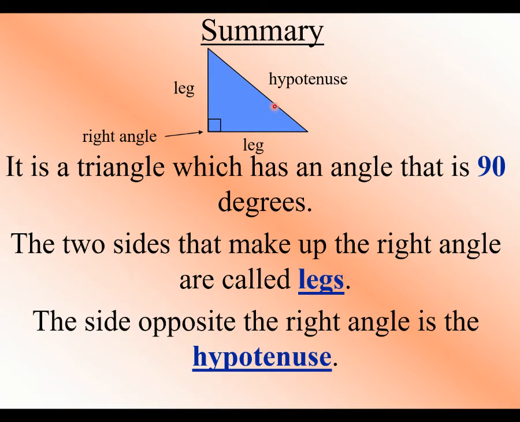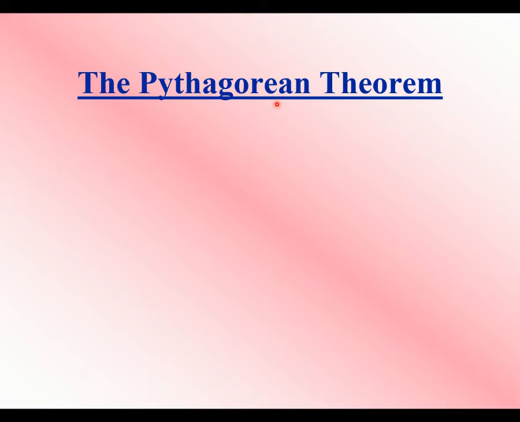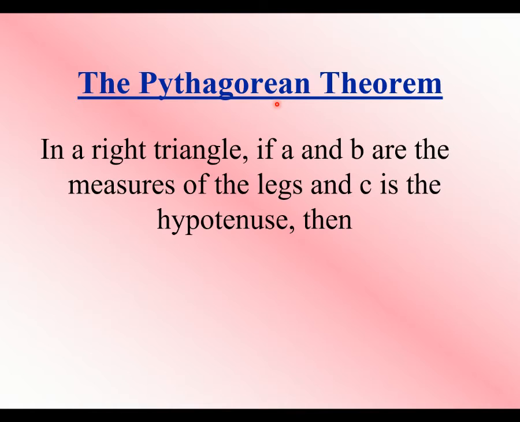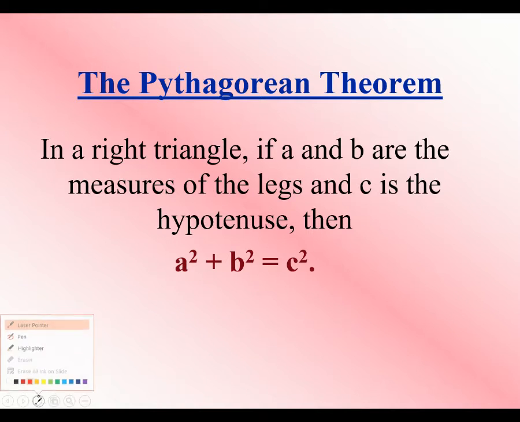Now, what is the Pythagorean theorem? You can call it Pythagoras or Pythagorean theorem, one and the same. In a right triangle, if a and b are the measures of the legs and c is the hypotenuse, then a square plus b square equals c square. What do a square, b square, c square mean?